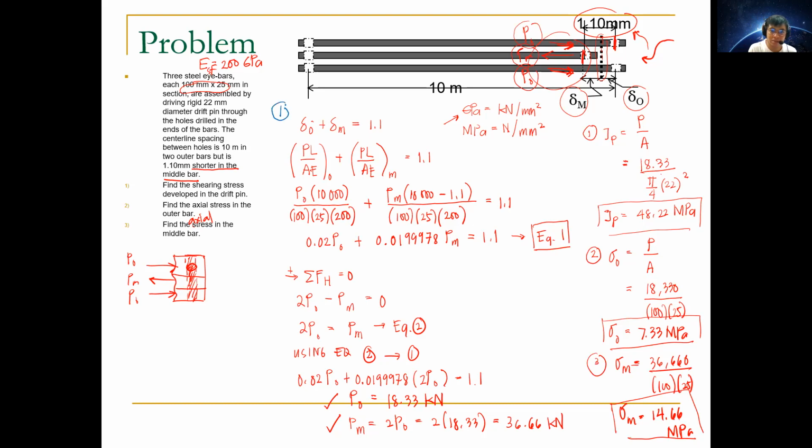I hope I explained this a bit better. The next is equilibrium equations. Then the third step is incorporating the equations you derived from the first two steps, equation 1 and equation 2. The rest, you can use basic concepts of stress and strain to solve the different items.